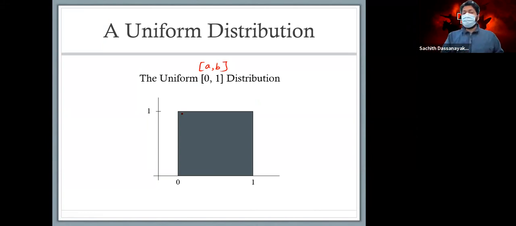So in the uniform case, here it is the uniform distribution 0, 1. Sometimes we denote this as capital U(0, 1). Clear? It starts from 0 and goes to 1. This is the distribution.